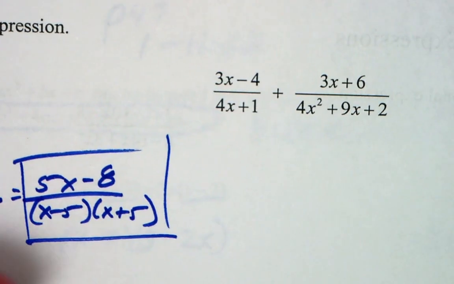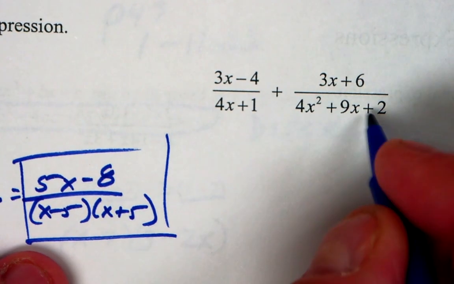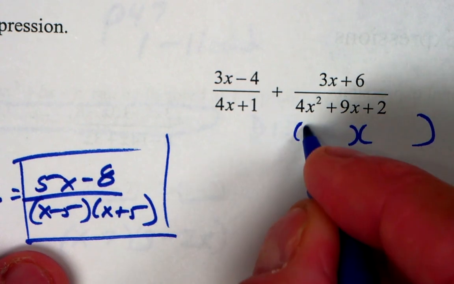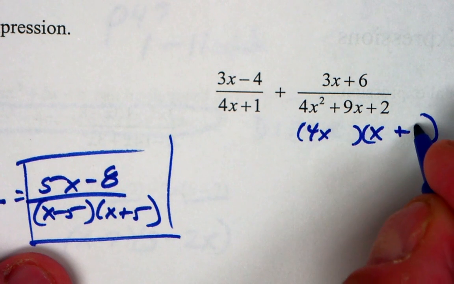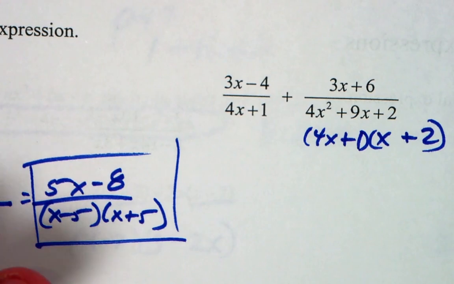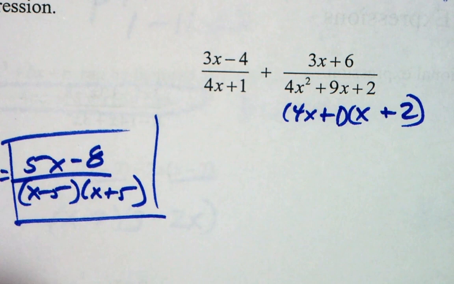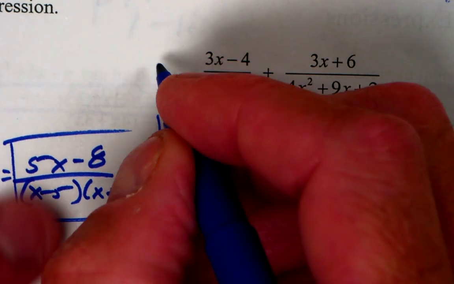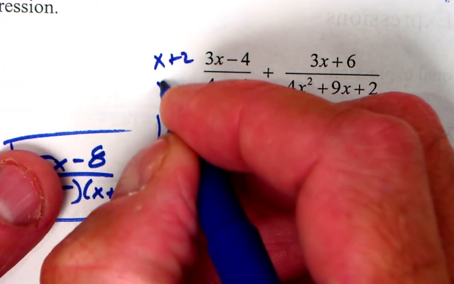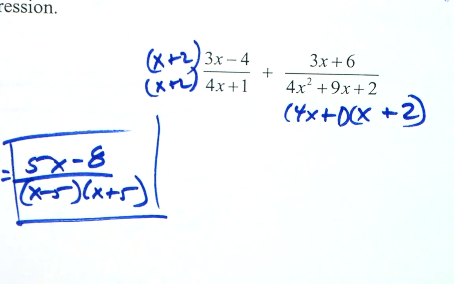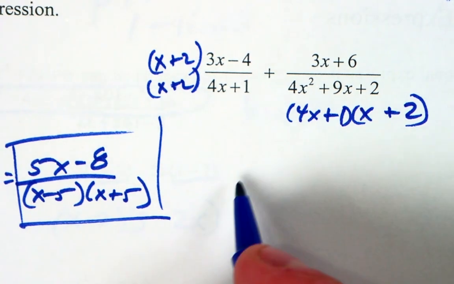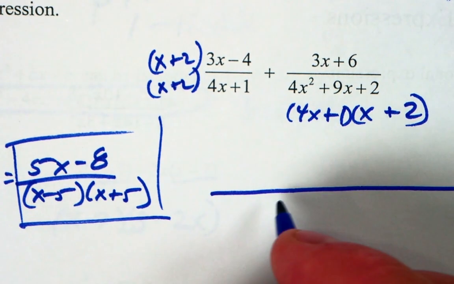Okay. Let's factor this one right here. I got to see what it's made up of. Okay. So I got 4x plus 1, x plus 2. So what do I got to multiply top out of the first one by? X plus 2. So now let's get organized.